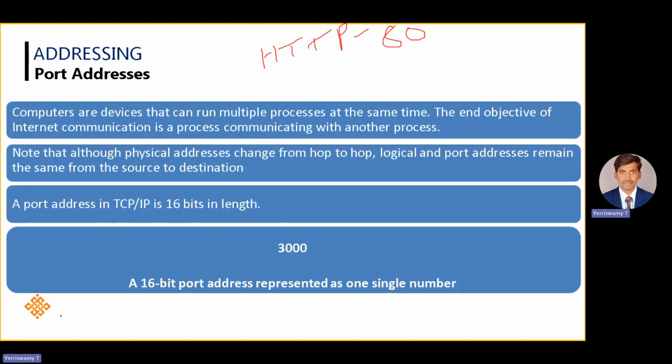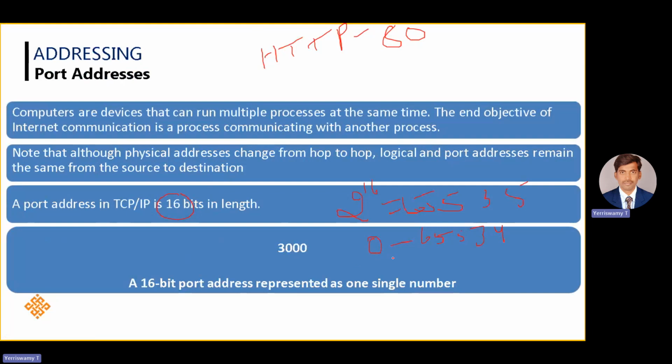If you want to use your own port number, if you are doing any demonstration, some dummy port number, if you want to assign to any client and server, then you can assign any port number based upon the range. The port address size is 16 bits. So the port numbers available are 2 power 16, that is 65,535. So the range is from 0 to 65,534.